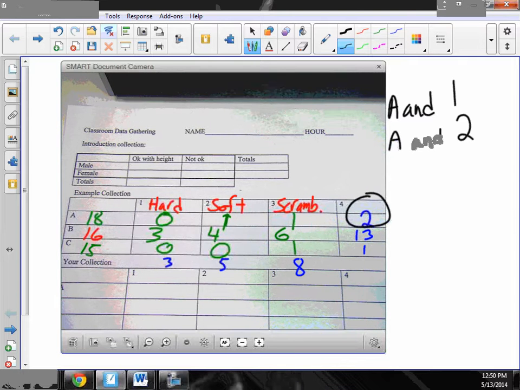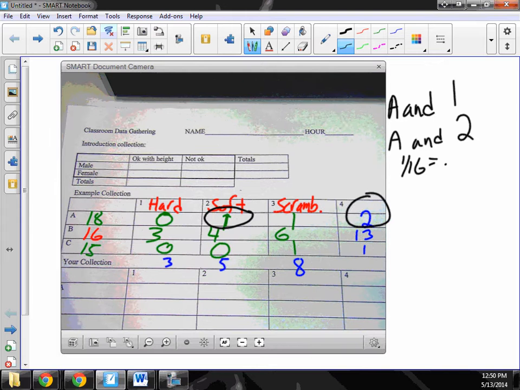So A and 2 is 1/16 because there's one person in that box, which is 0.0. What is 1/16 as a decimal?